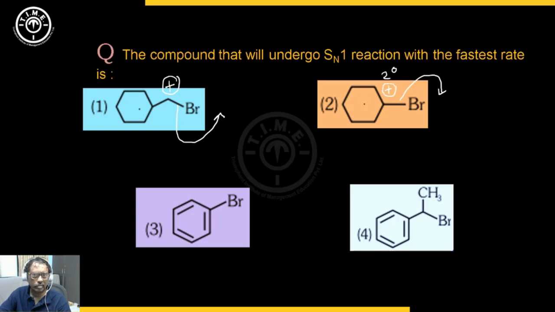This is 1 degree carbocation, this is 2 degree. This is a phenyl carbocation, very unstable, so 3 will not happen at all. And in 4, we have a benzyl carbocation. We said benzyl carbocations are highly stable. It's actually a carbocation which is 2 degree as well as benzyl. So this is the most stable carbocation, and therefore this parent, that is 4, is the one undergoing SN1 reaction with the fastest rate. Clear?